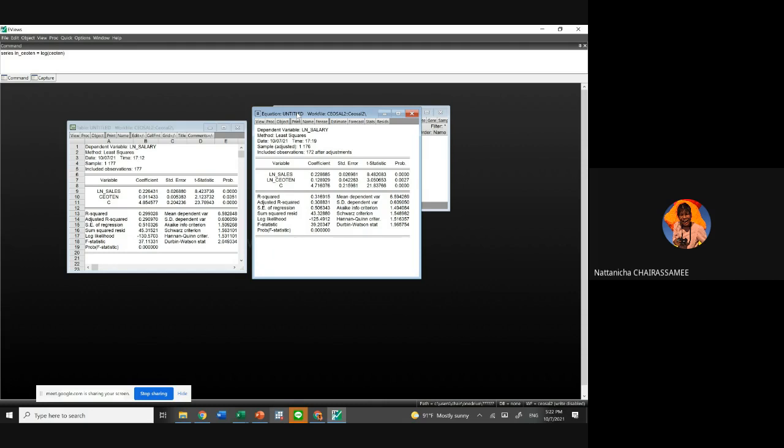Does it make sense? Now, because you already took the natural log of CEO tenure, when you interpret its coefficient, you have to interpret it as elasticity as well. It means that a 1% increase in CEO tenure will increase salary by 0.12%, right?